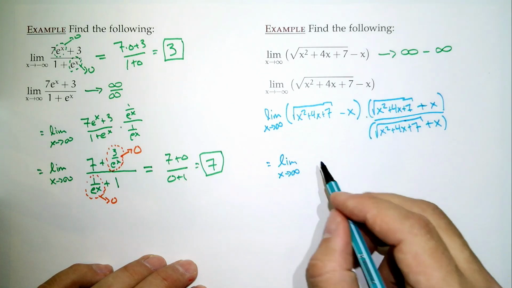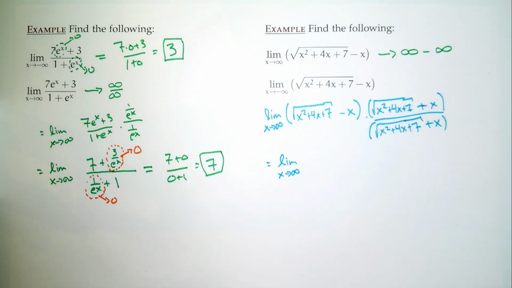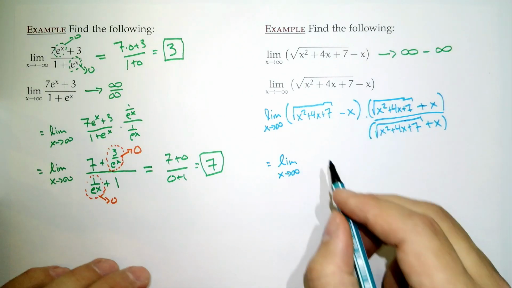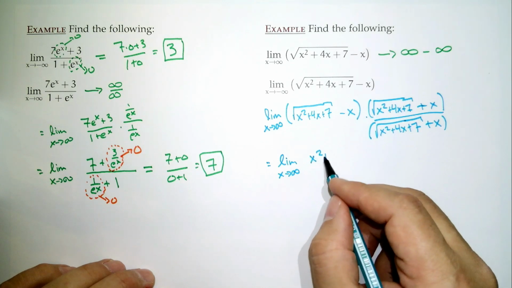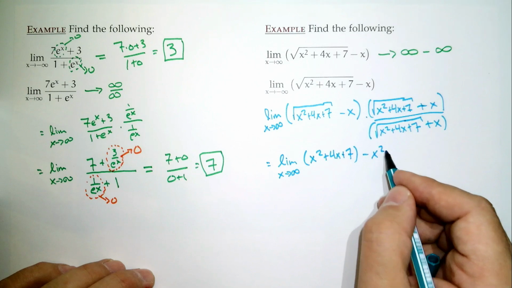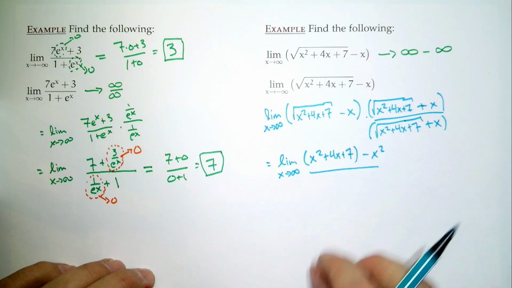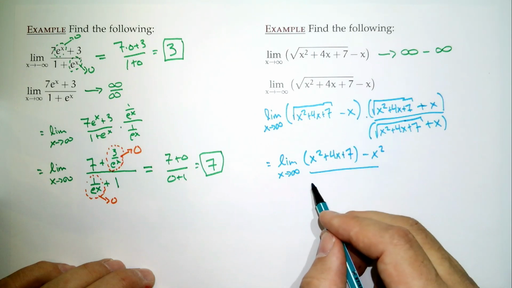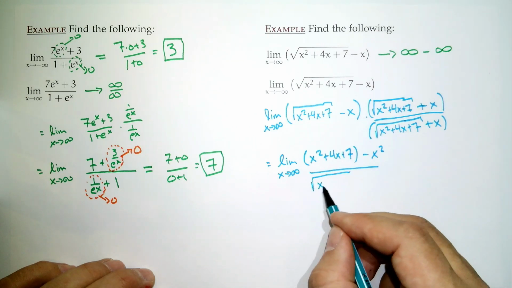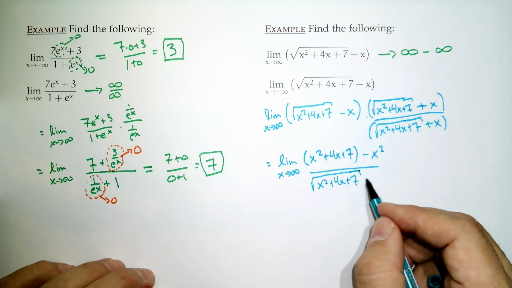Upstairs, we're going to get x squared plus 4x plus 7. The square roots are going to go away because we're squaring that expression. And then we subtract x squared. So a squared minus b squared. Downstairs, we have that expression, square root of x squared plus 4x plus 7 plus x.